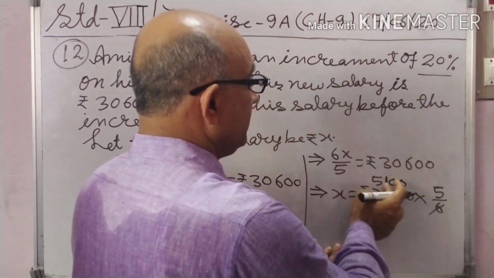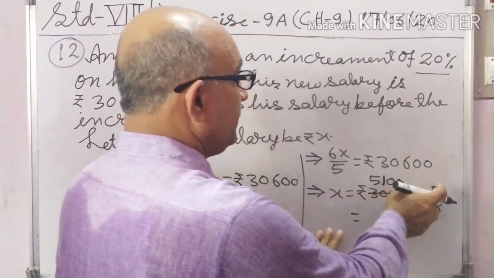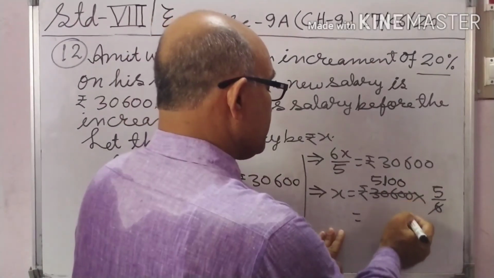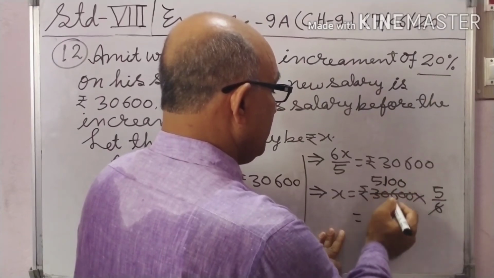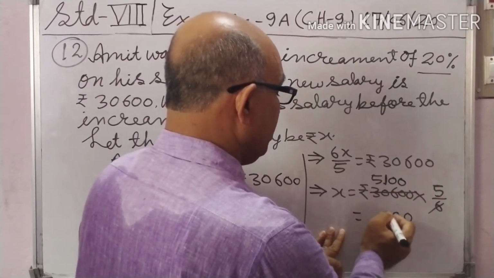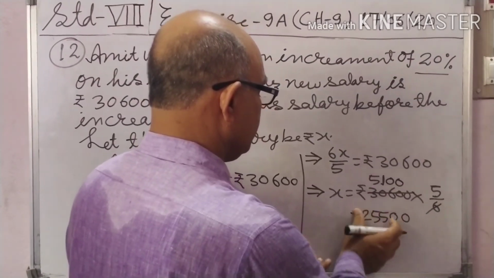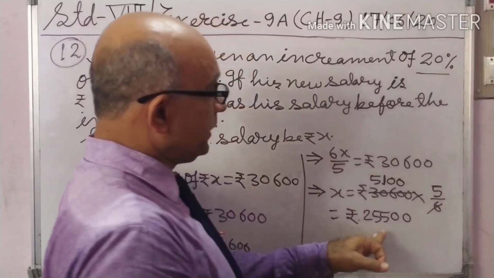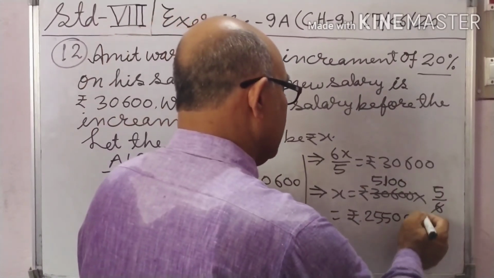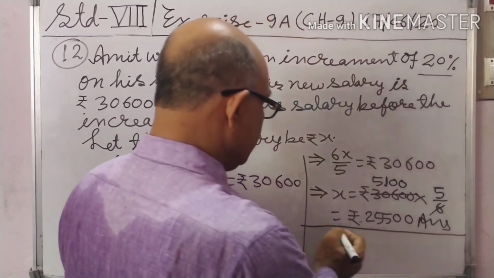Students, multiply here. 5,100 into 5. So 0 into 5, 0. 0 into 5, 0. 1 5 is 5 and 5 5s are 25. So rupees 25,500 is the answer.